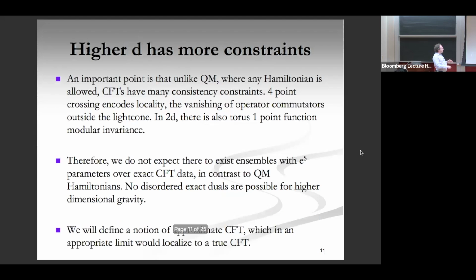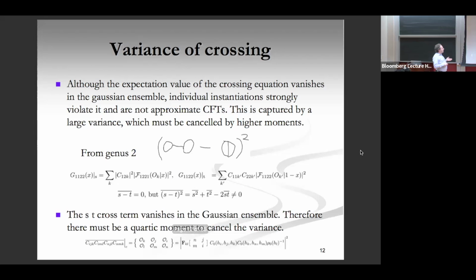Right, so in this Gaussian ensemble, the expectation value of crossing vanishes. But individual instantiations violate crossing. So they don't look like even approximate CFTs in that sense. So you can look at the variance of crossing. I could write the genus 2 partition function in this channel decomposition, or in this one, take the difference, take the square, and then integrate over the ensemble.